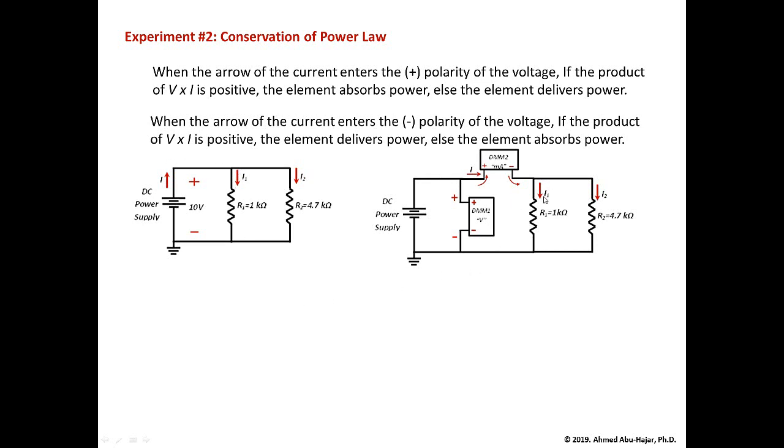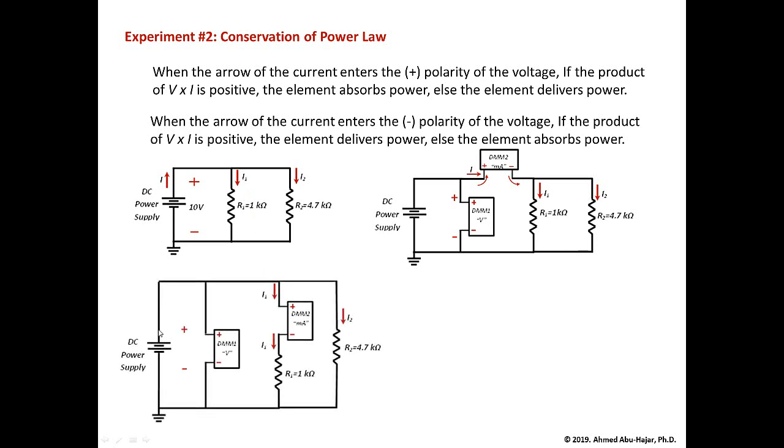Then you want to measure I1, and to measure I1 you need to break the circuit from the top. So once you break the circuit from the top through R1, you want to connect the DMM in series with it. This is the way I will do it. I'm measuring the voltage across the element, and then I'm going to come to the resistor. You see how I broke the resistor from the top?